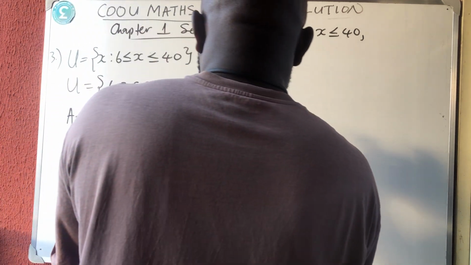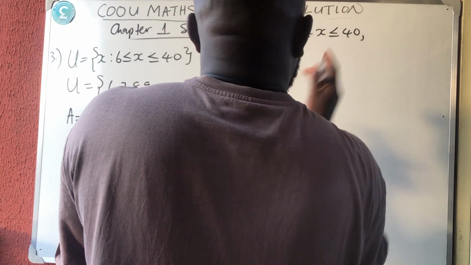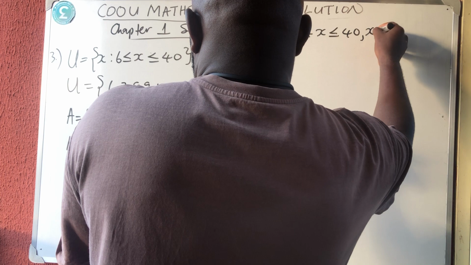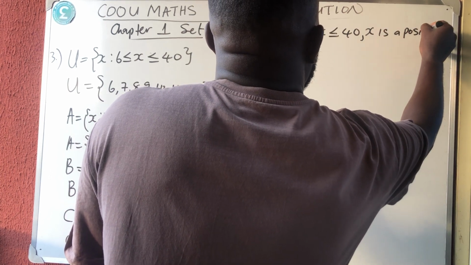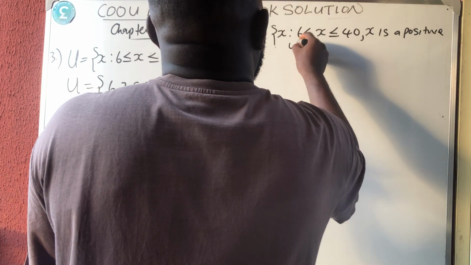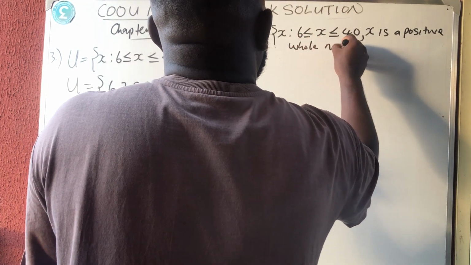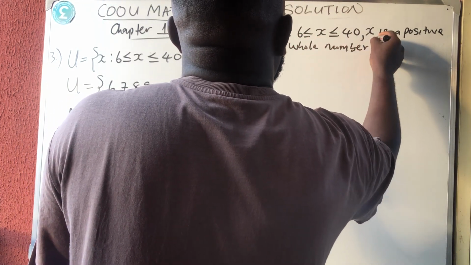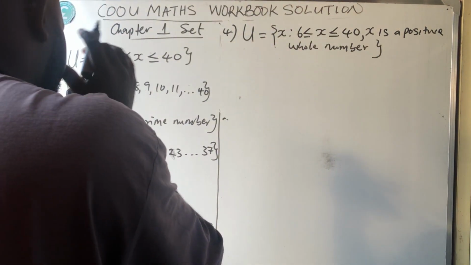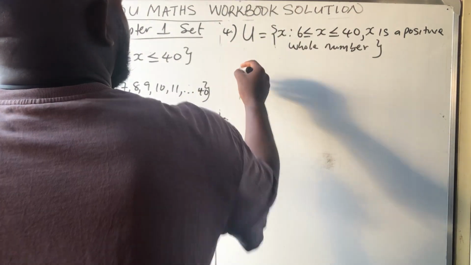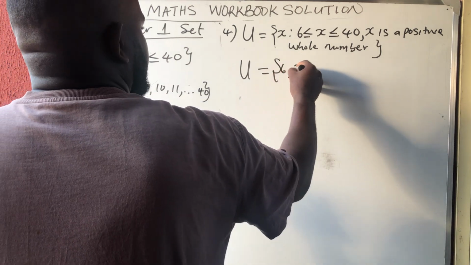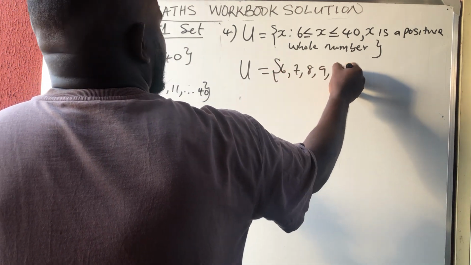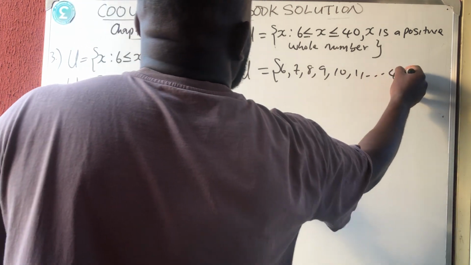So they say, comma, x is a positive whole number. It's the same thing, but all of them are still positive whole numbers. So it's 6, 7, 8, 9, 10, 11 till you get to 40.